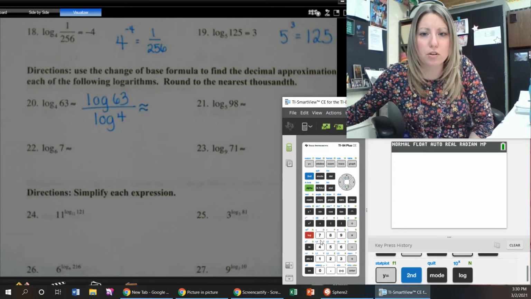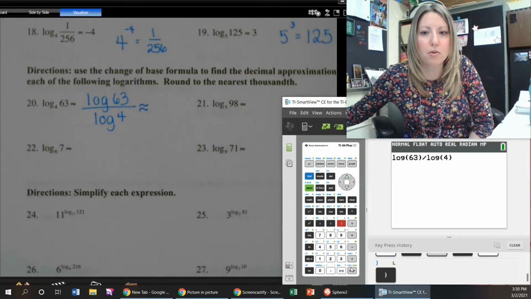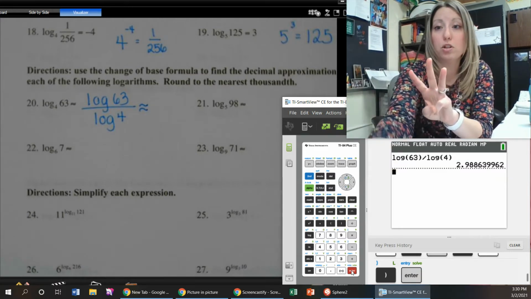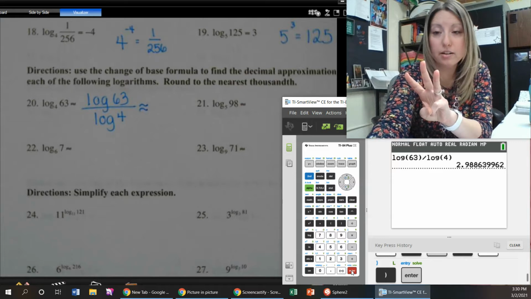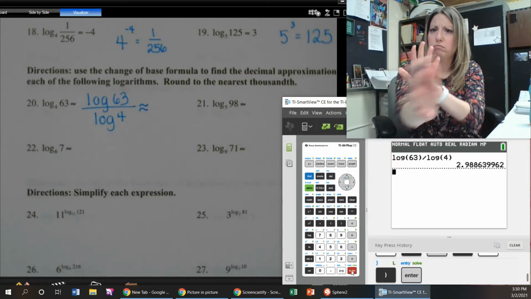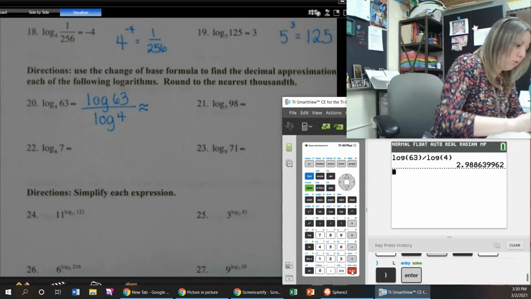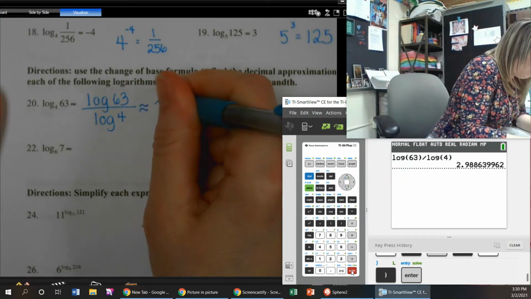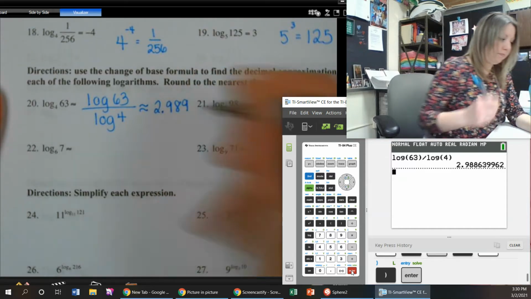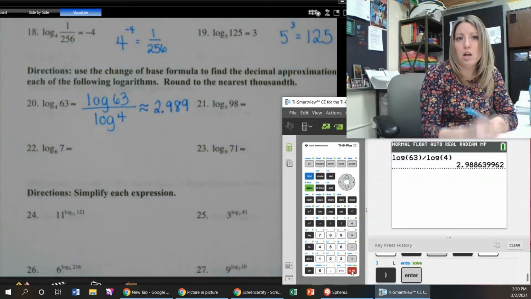But you would just press log 63 and then end parenthesis divided by log 4 and then end parenthesis. Round to the nearest thousandth is 3 decimal places. So this rounds up to 9. We're good. Phew. Thought I was going to have to round a whole bunch up, but I don't. 2.989. There you go.